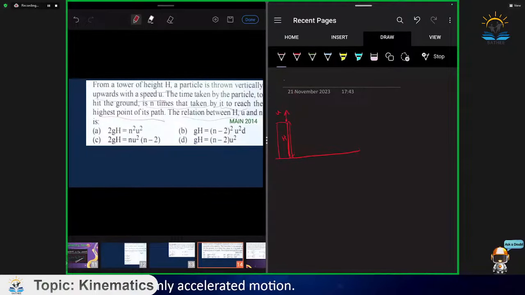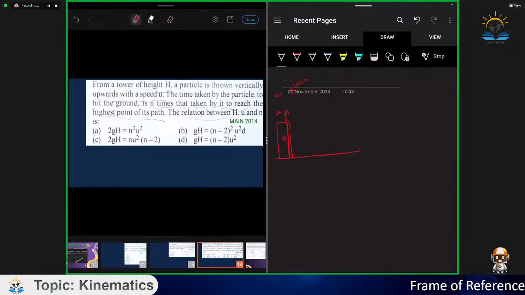Easy. So here velocity will be zero at the highest point. From the starting point to the highest point, the time taken is t1.